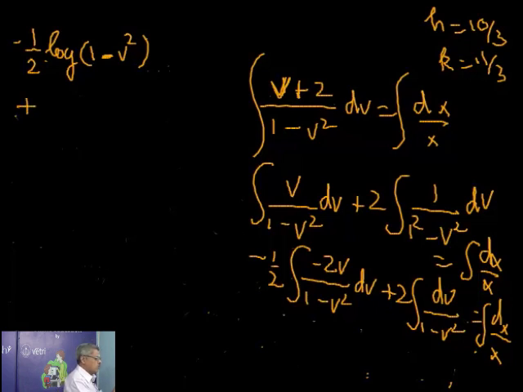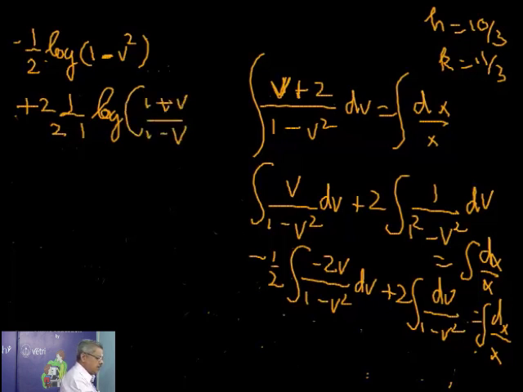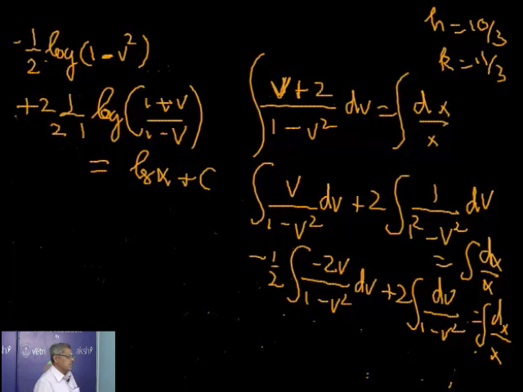Therefore, 2 times 1/(2a) log((a + x)/(a - x)). Here a is nothing but 1, variable is v, that is equal to log X plus some constant. Integral of 1/X is log X.